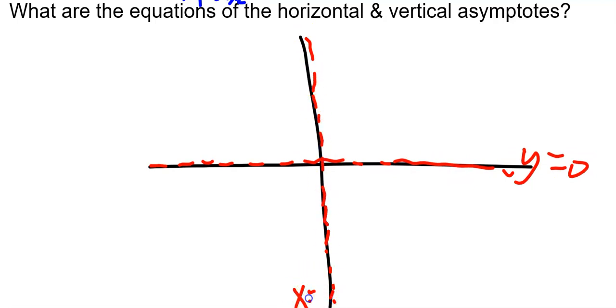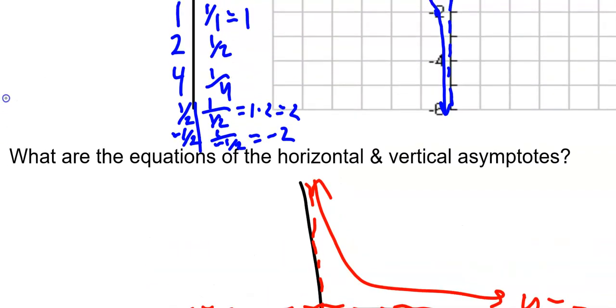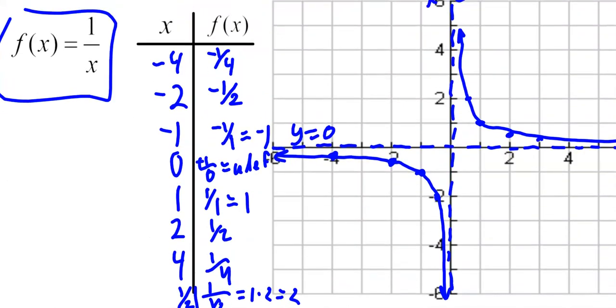And the basic behavior of the graph looks kind of like this in the first quadrant and like this in the third quadrant. That would be a good sketch of the graph. If I just asked you to sketch it, that's what I would expect for full credit. I'm not expecting you to graph every single point like we have here.